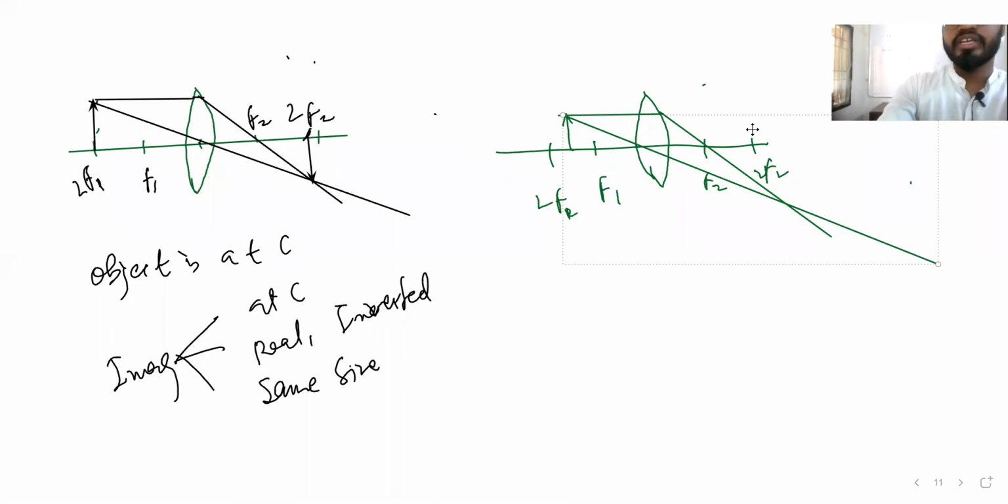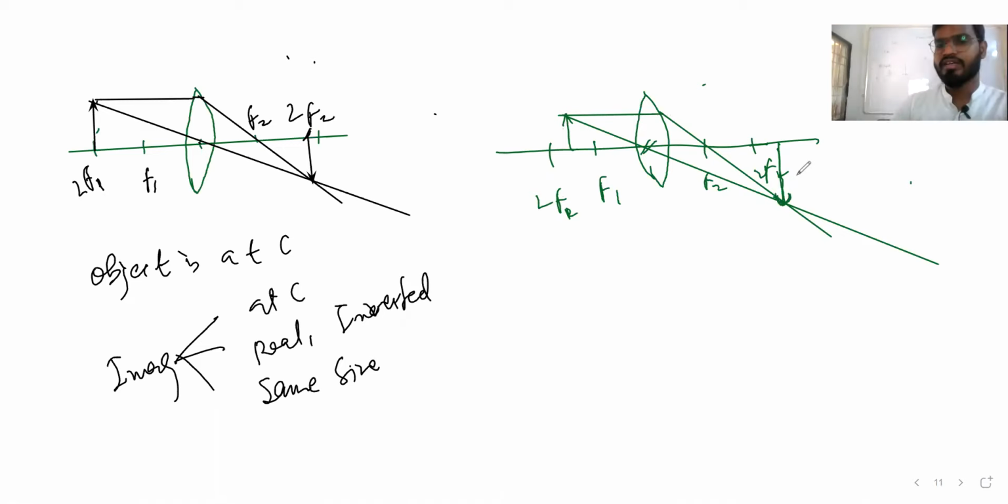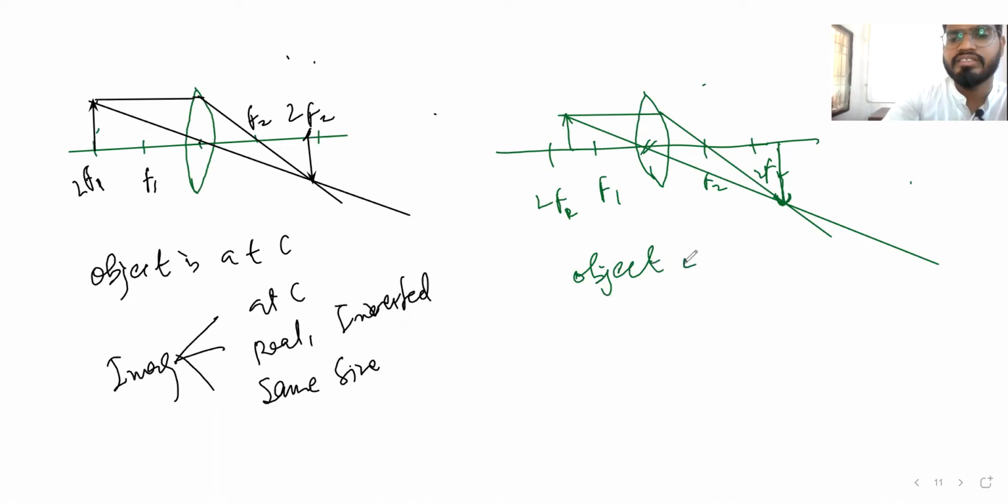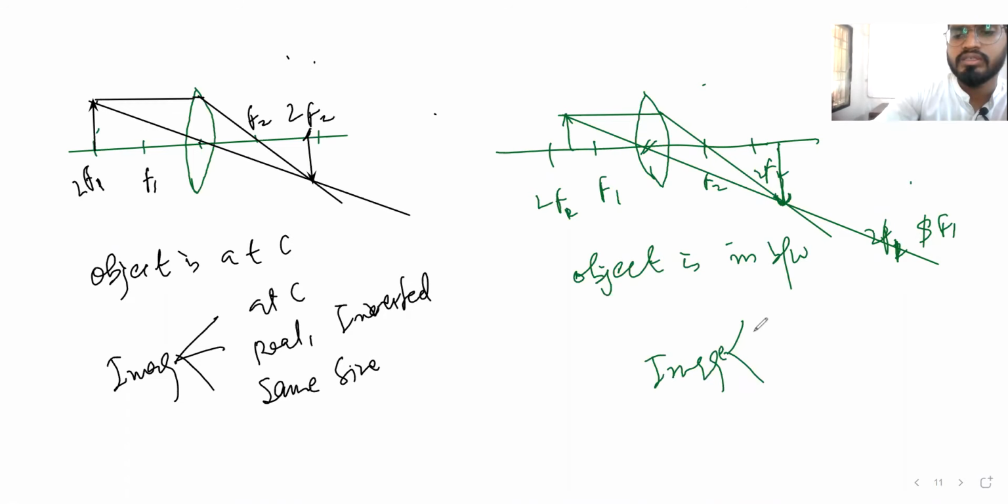So somewhere here, beyond C, greater than C. Now the object is in between 2F1 and F1, then the image forms beyond 2F2.